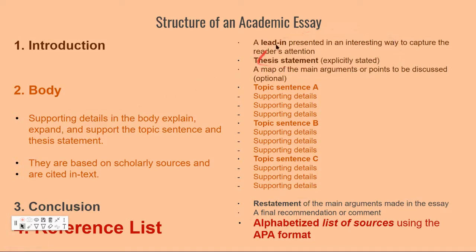So these are things that will very much guide your readers in anticipating what you will be discussing for your academic essay. Add to that, you have a lead in, which is an interesting way to capture the reader's attention. And as an option, you can present an outline of the main arguments or points that you will be discussing.